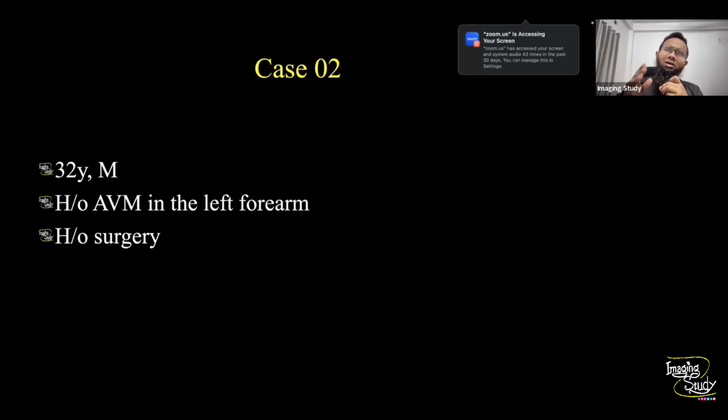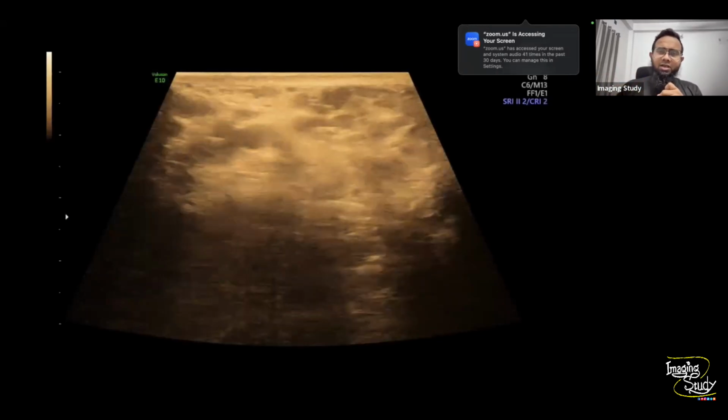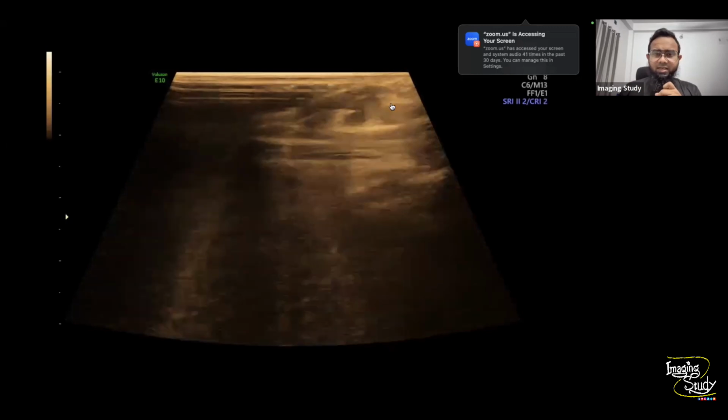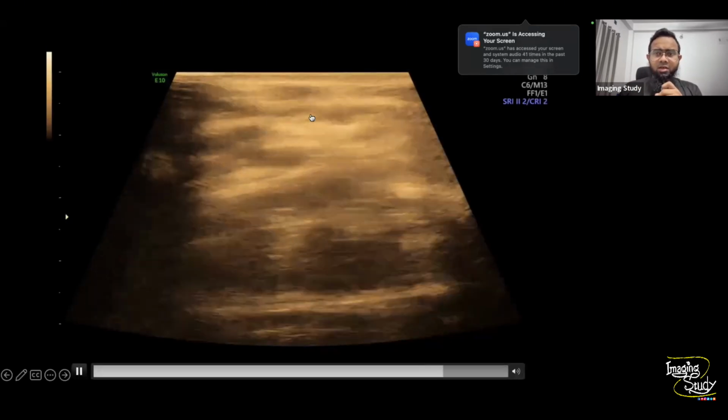You know, whenever you do an AVM surgery, there is always a risk of reappearance of AVM, and that will be a very crazy AVM now. So let's see what we have got on ultrasound now. So this will be a high frequency ultrasound of the forearm of this patient. When we put the ultrasound, now you can see some cystic spaces, heterogeneous echogenic area.